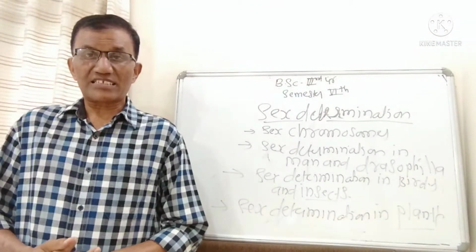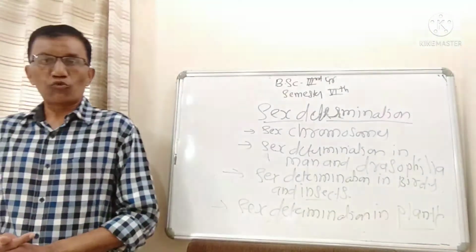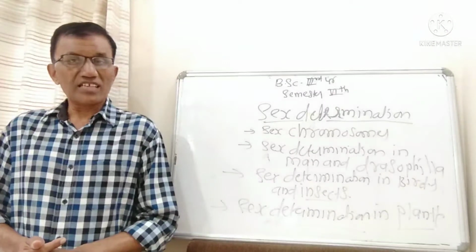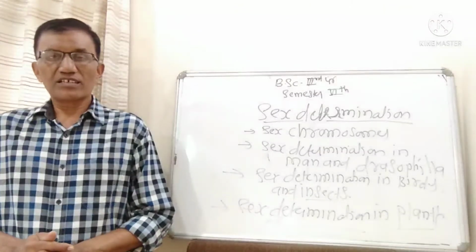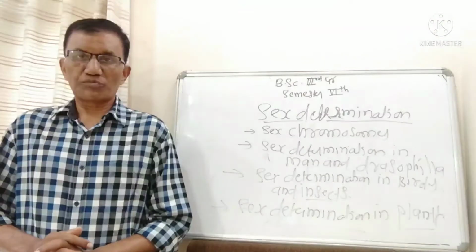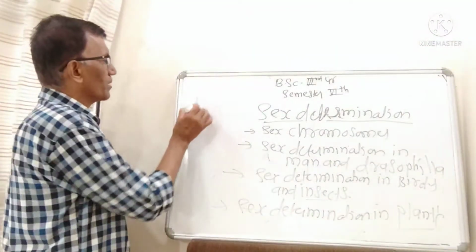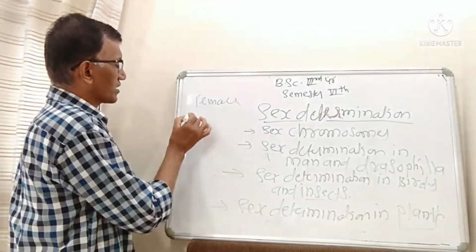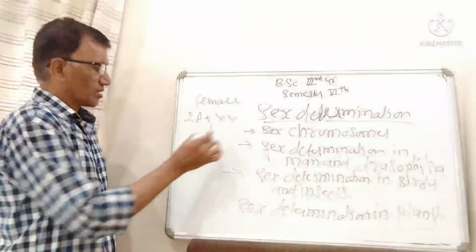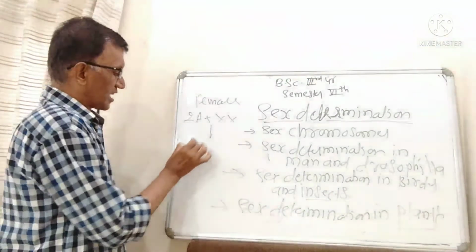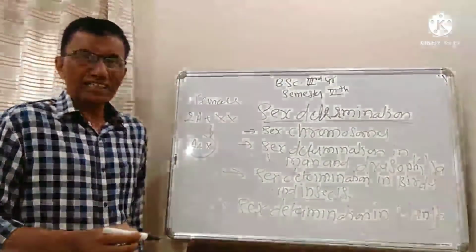While studying the sex determination in man, in human beings the females are homogametic and males are heterogametic. This means during gametogenesis, or the production of gametes, a female having 2 autosomes plus XX chromosomes produces only one type of gamete, that is autosome plus X.